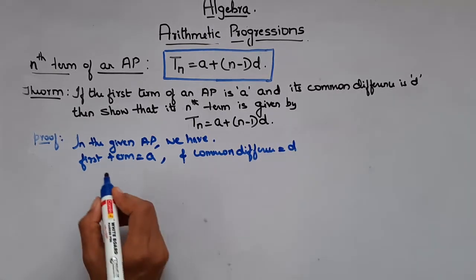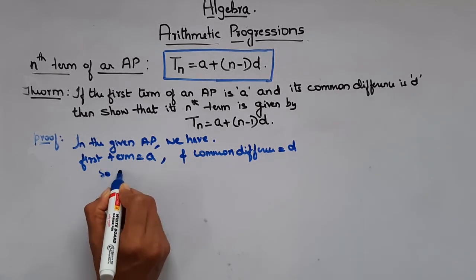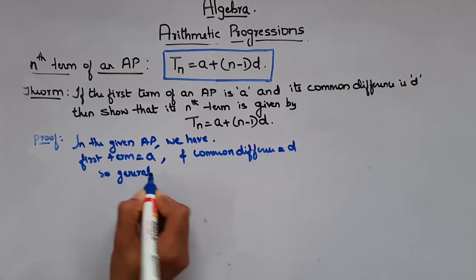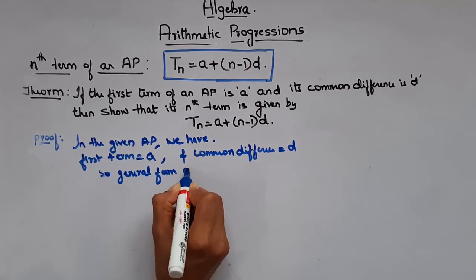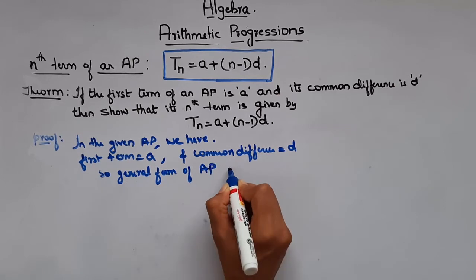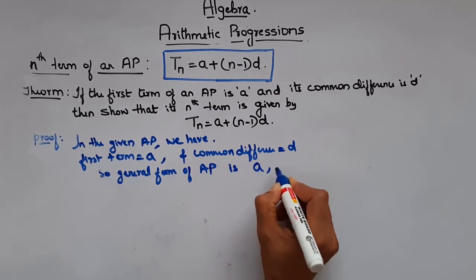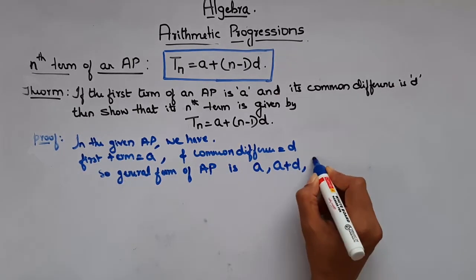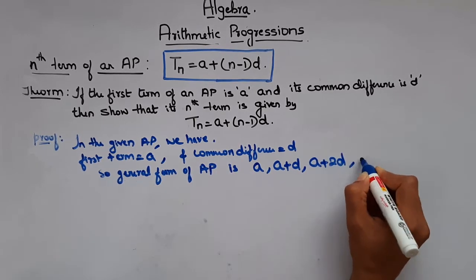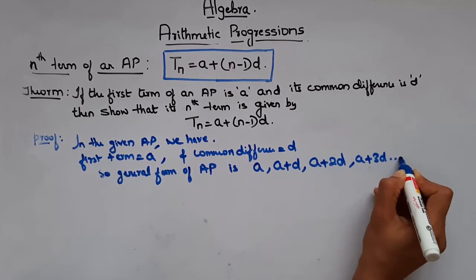Now, the general form of an AP is given as a, a + d, a + 2d, a + 3d and so on, right?